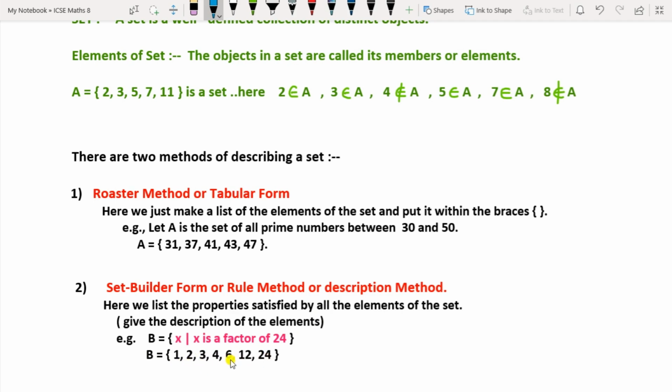These are all the factors of 24. In set builder form, you write B equals the set of x, such that x is a factor of 24. This line is read as such that. This method of writing in a sentence is called the set builder form.